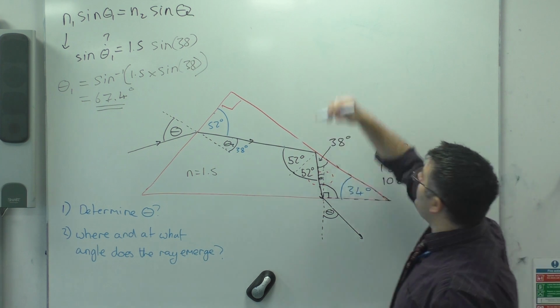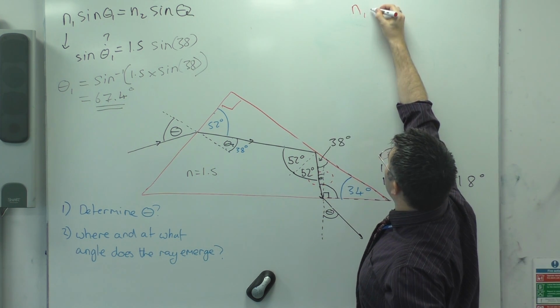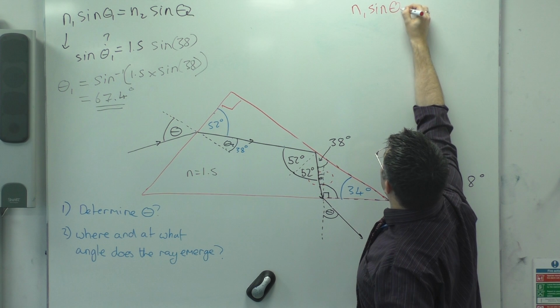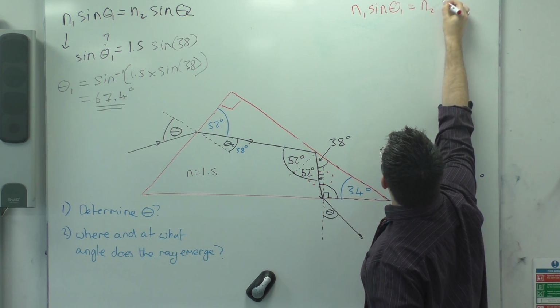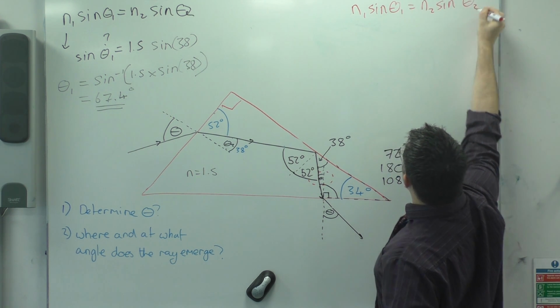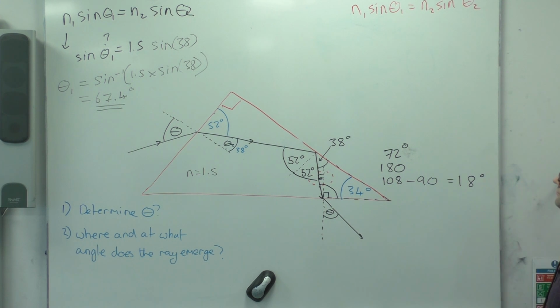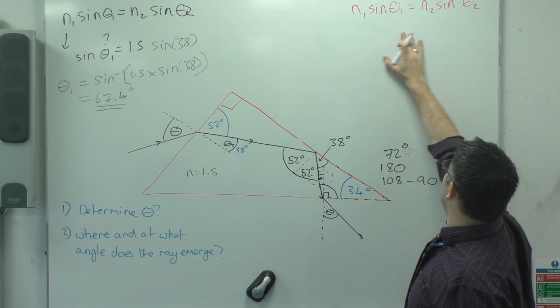So we're back into Snell's law. N1 sine theta 1 is equal to N2 sine theta 2. We need to then put all the numbers in that we know.